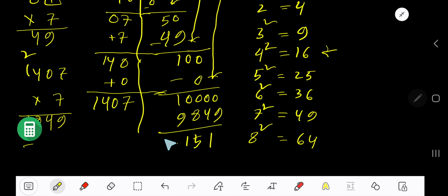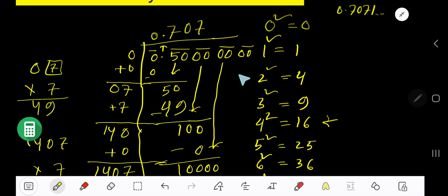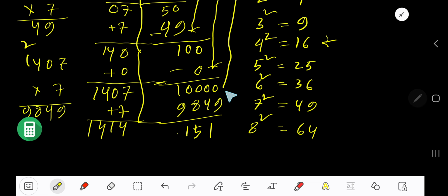Now add 7 here, since we are placing this digit. So 7 plus 7, 14. Write 4, carry 1 to here. 0 plus 1, 1, then 4, 1. Okay, bring down another pair, 0, 0.